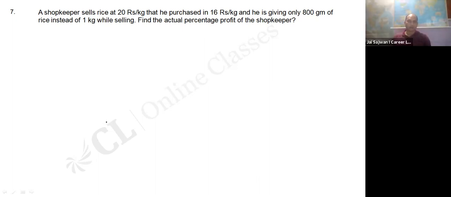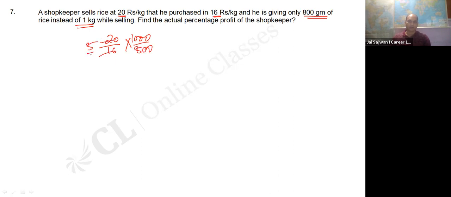Siddhant. So here I go. Let me do it for all of you. First, a shopkeeper sells rice at 20 rupees, which he purchased at 16 rupees. So 20 by 16 because it is a profit. He is giving 800 gram though instead of 1000 gram. That's also a profit. So 1000 by 800 is this.